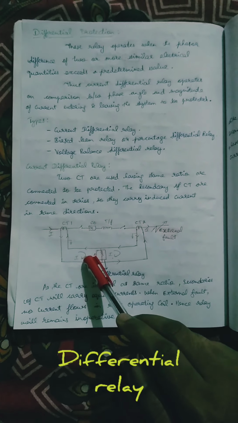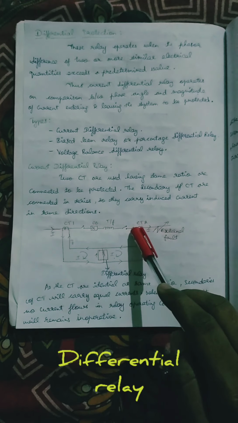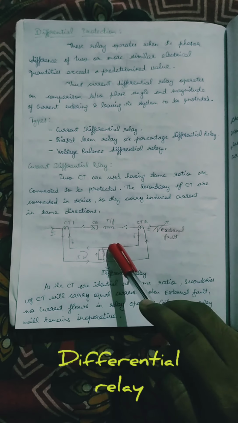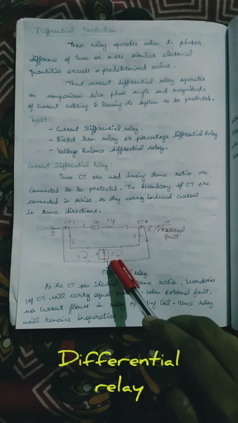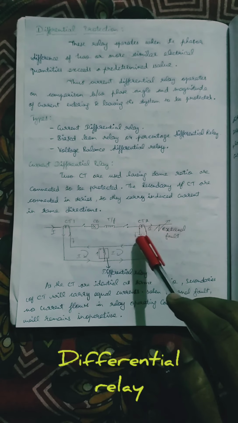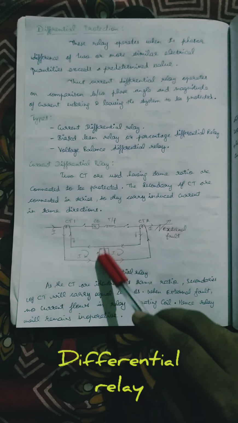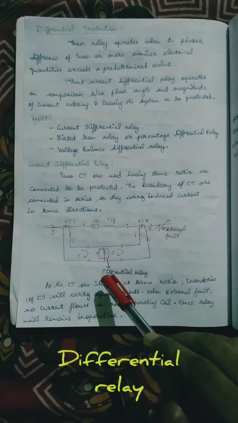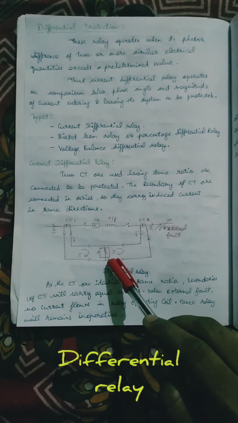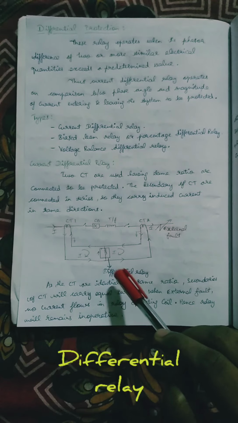This current is I1. In the same way the current enters at the other end and returns back. This is CT2 and the current is I2. In between both currents, one operating coil is placed. That operating coil carries the relay sections, and that relay is the differential relay.